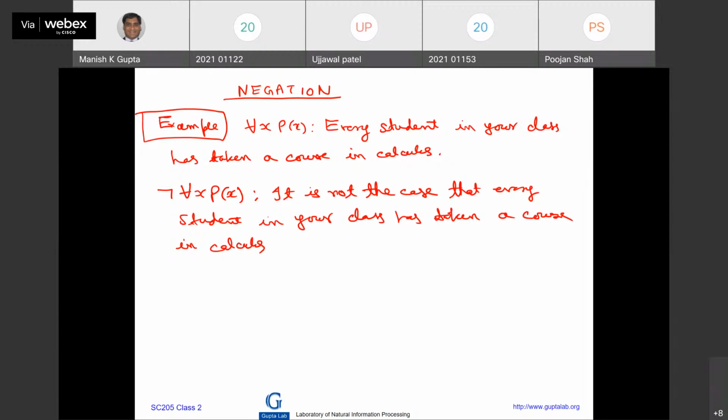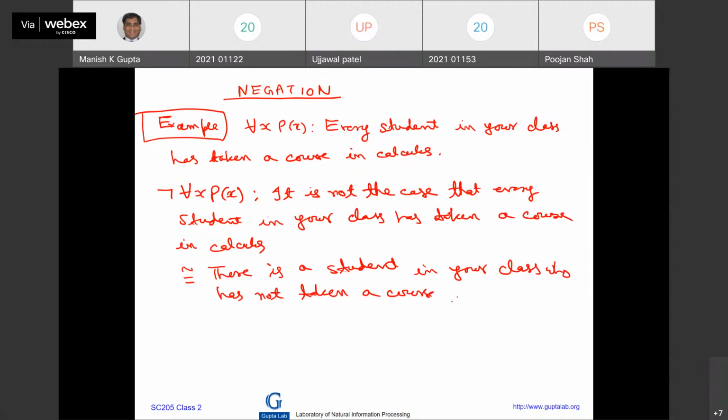When we put a negation, this is equivalent to saying that there is a student in your class who has not taken a course in calculus. So this is the negation.